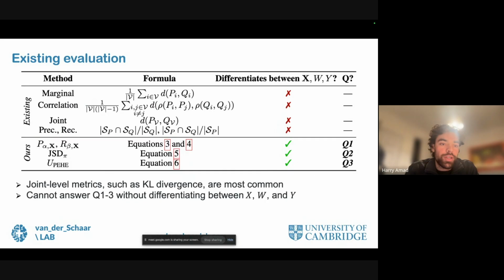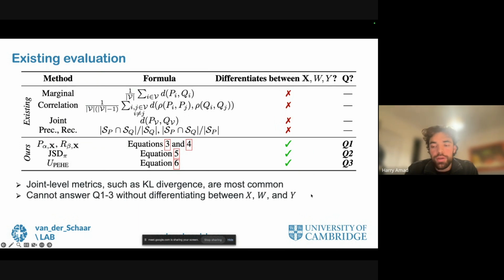Other families of evaluation metrics are correlation metrics, which expand on marginal metrics by evaluating how well the two-way correlations between variables are preserved in the real and synthetic data, and this really scales up to the n-way correlations, 2, 3, 4, up to assessing the whole joint distribution, which is the next class of evaluation metrics. And then there's also a family of evaluation metrics called precision and recall metrics, which basically try and estimate the support of the synthetic and the real data and examine how much they overlap.